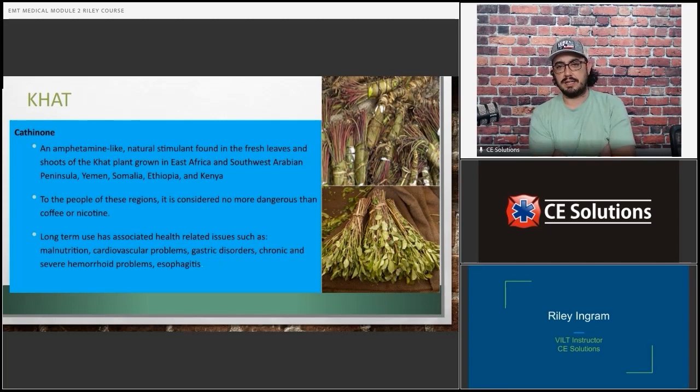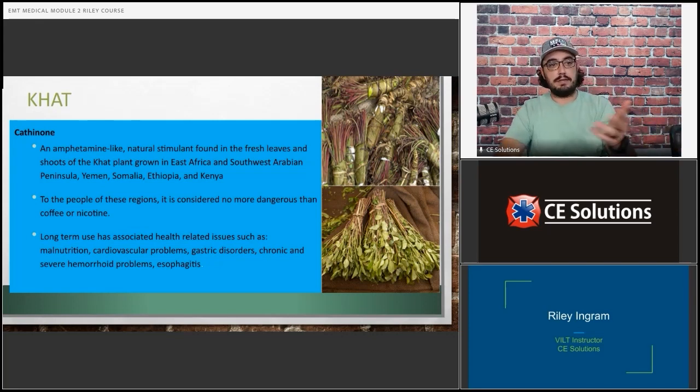But it is looked at there as, you have a big decision you need to make? Well, go get some khat and put it in your cheek and chew on that for a little bit, and that'll help you kind of focus on what you need to. That's what it's used for there. Or if you have a headache, we'll go chew on some khat for a little bit, and that's what they use it for.